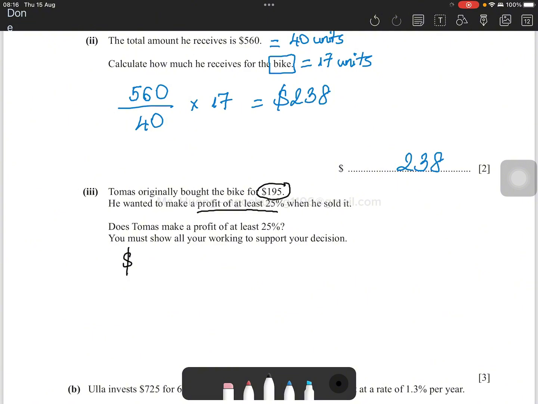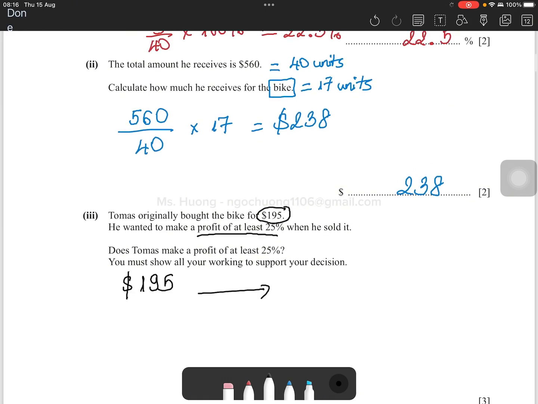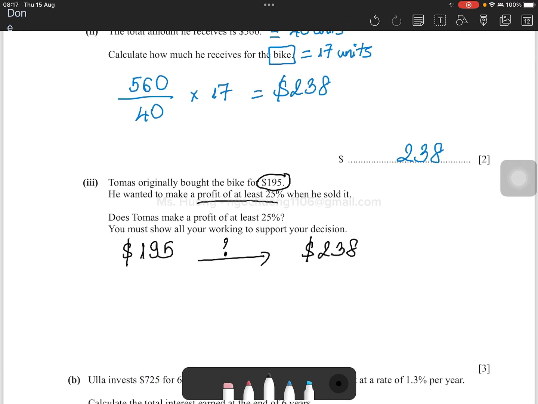So at the beginning, he bought the bike for $195 and then he sold it for $238. And now we want to know the profit he makes. Is it 25% or more? You know that the profit percentage is equal to the difference over the original.